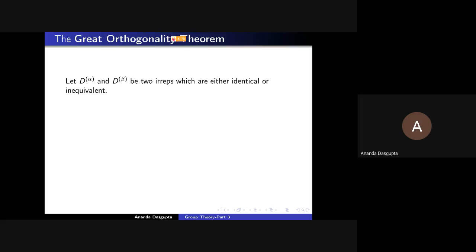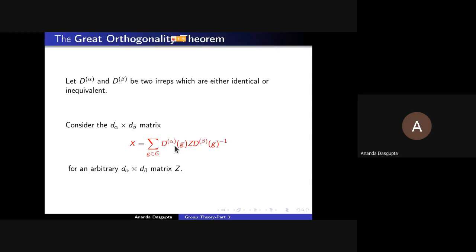Okay, once you do that, let's consider this matrix. Notice D alpha of g is a small d alpha dimensional matrix, and D beta of g inverse is a small d beta dimensional matrix.